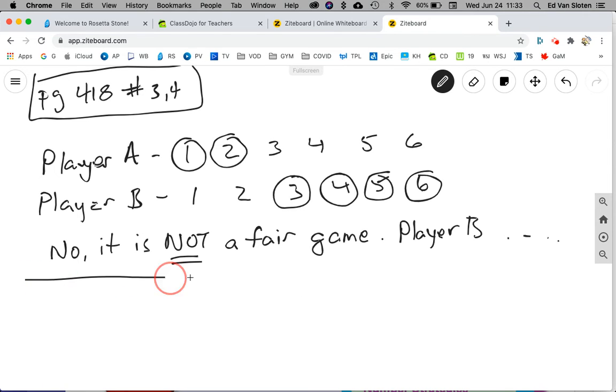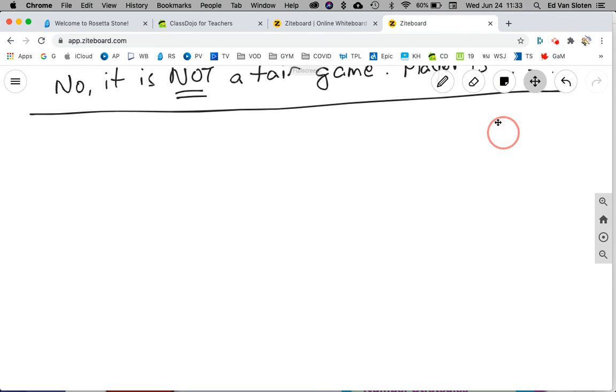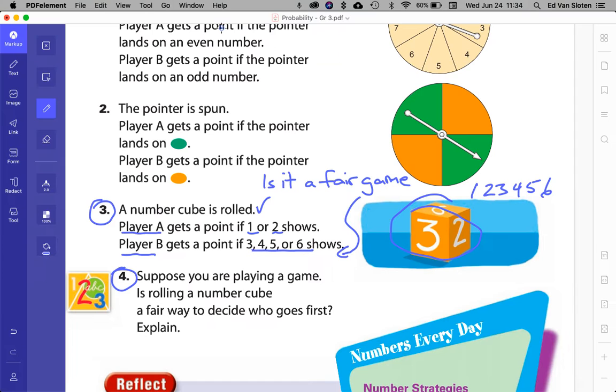Okay, so let's move on to the next question then. This is a different whiteboard. Oh, here it is. Okay, there you go. Then let's go back to the next question. Question 4. Suppose you are playing a game.